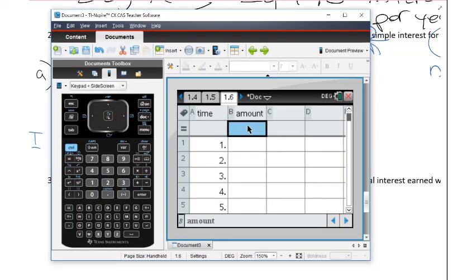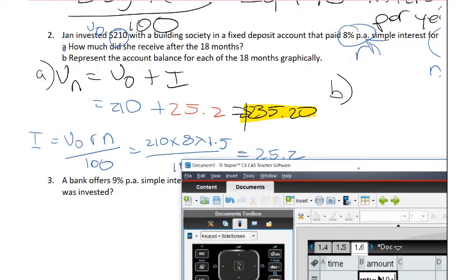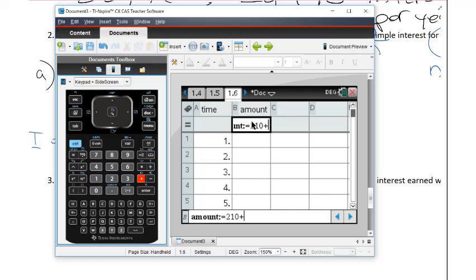So I'm going to put V0 in there, is 210, plus 25.2 times time, because that's the variable, it's going to be changing each time. Okay, then I go enter. As you can see, I get a lovely data showing up like that.